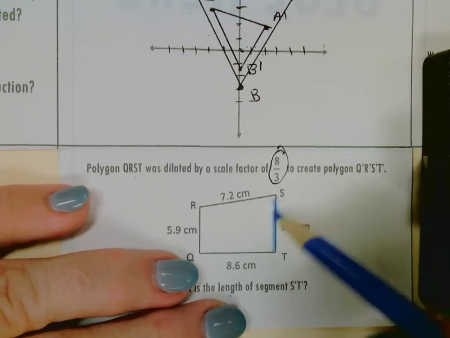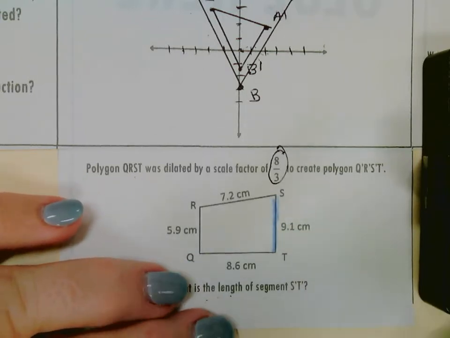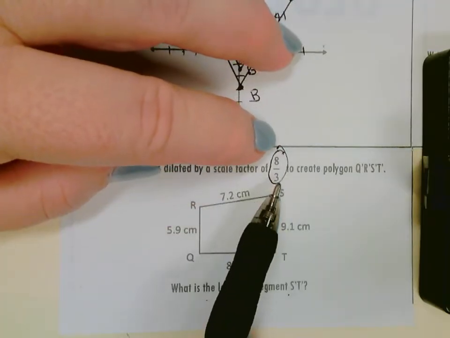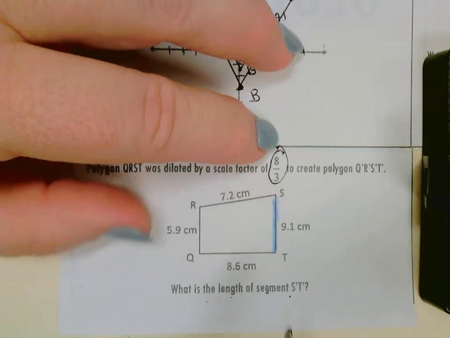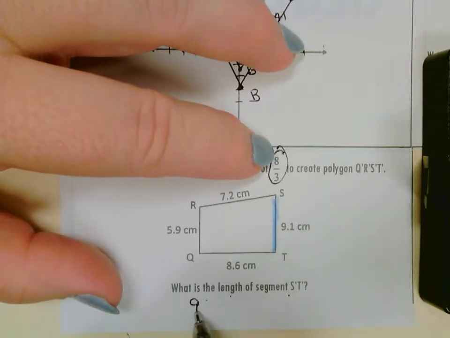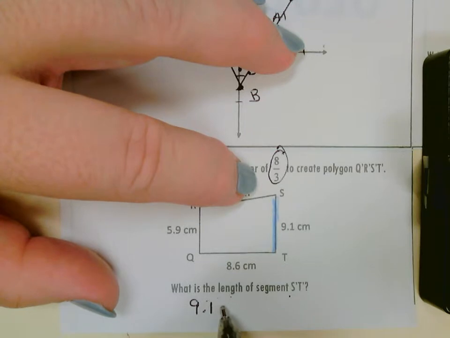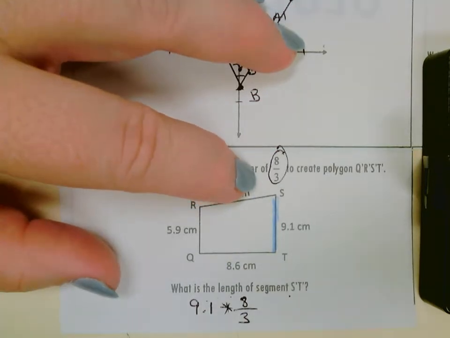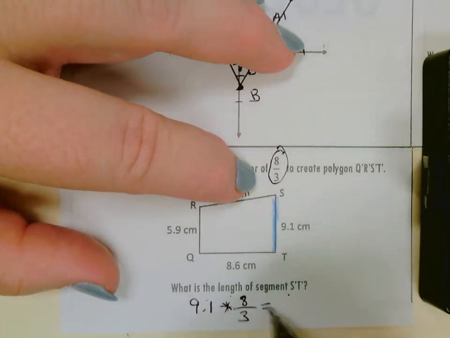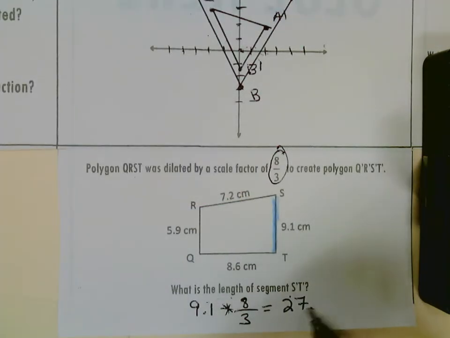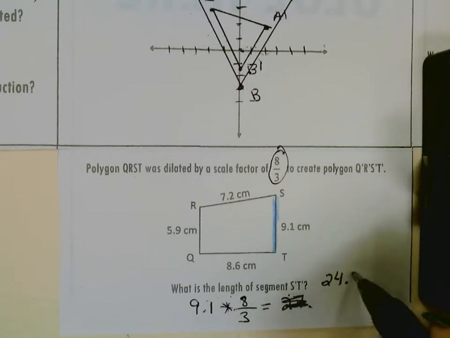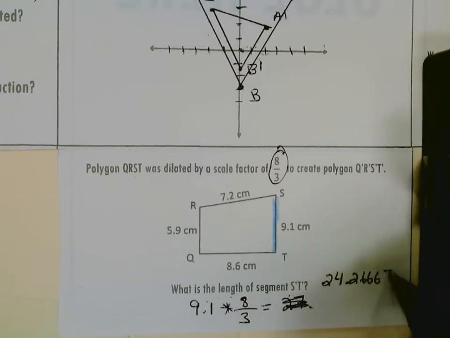Now we want the new S and the new T when we use the scale factor 8/3. So we're going to take 9.1 and multiply it times 8/3. You put that in the calculator, and for time purposes, I'm going to give you the answer, 24.26667 or something like that.